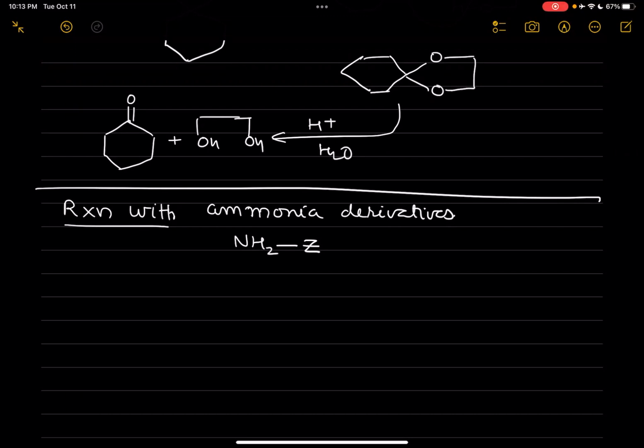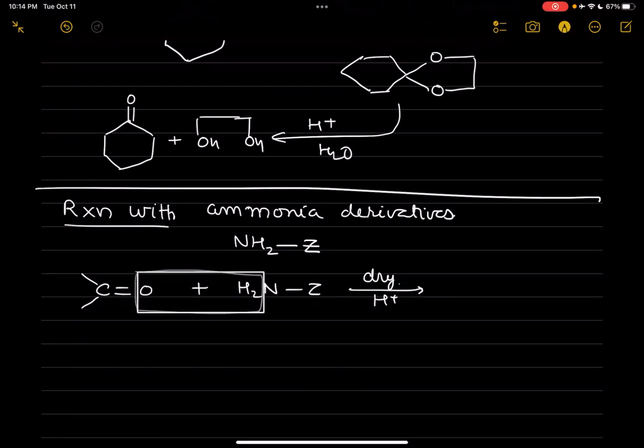So what's going to be the answer? In general, you know, na? In general, how do you write? Yeah, Nabil. You take dry HCl, you react this ammonia derivative with the aldehyde and ketone, and what happens over here is the water gets removed.